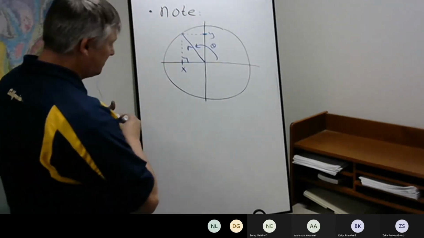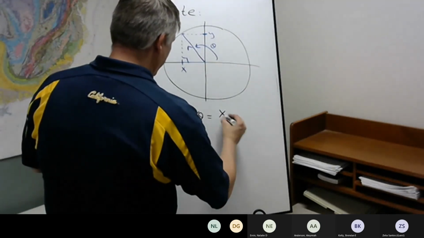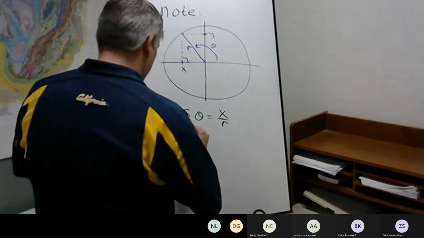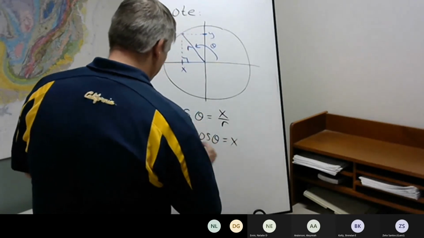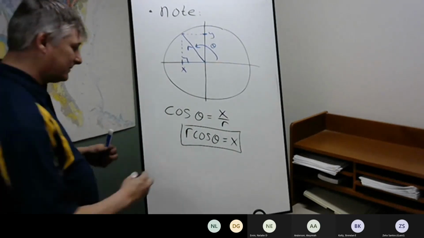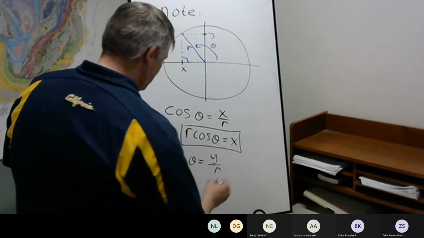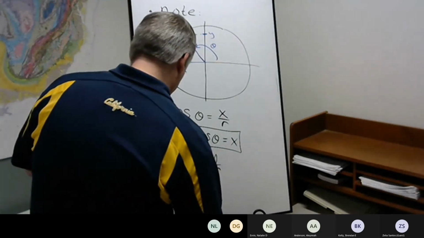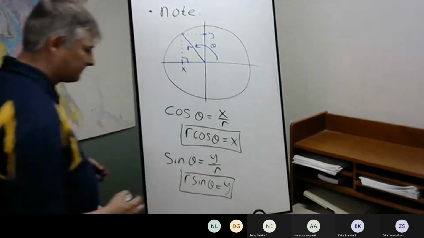So we had that the cosine of theta was x over r. So you can solve for x, and you get r cosine theta is equal to x. Likewise, sine of theta is y over r. Solve for y. r sine theta is equal to y.